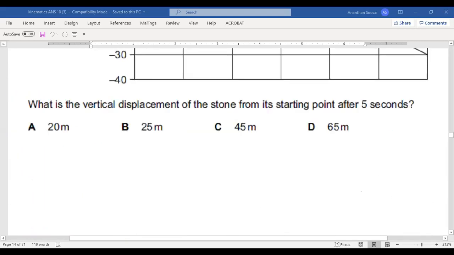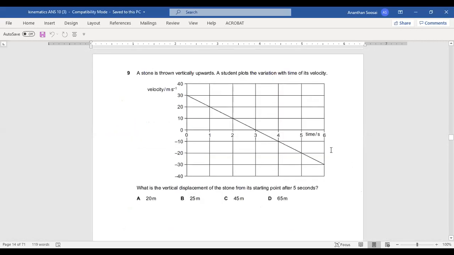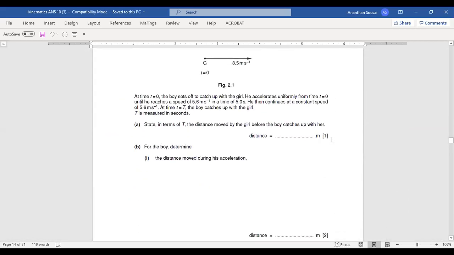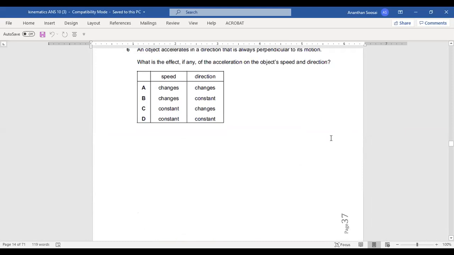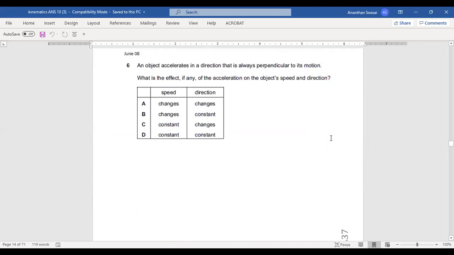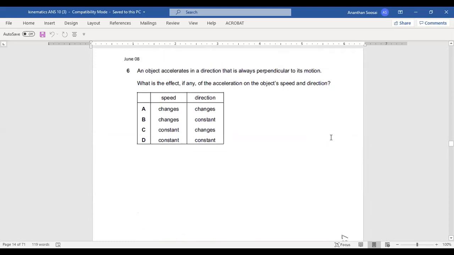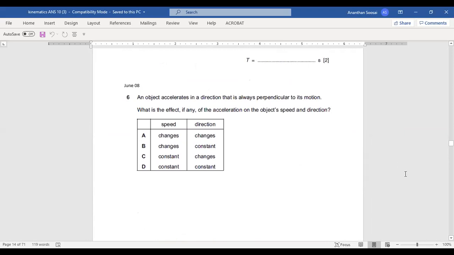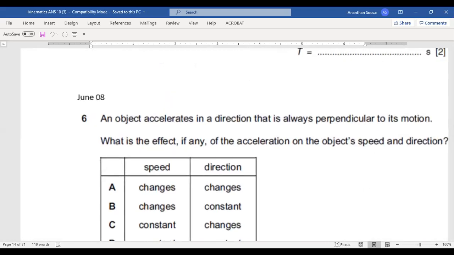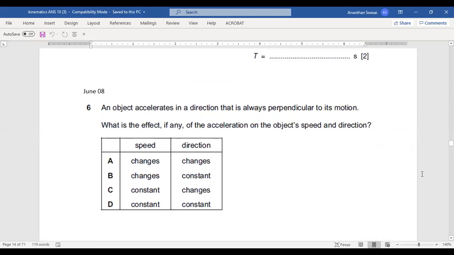Okay, more questions. Okay, question 6. What's the answer?